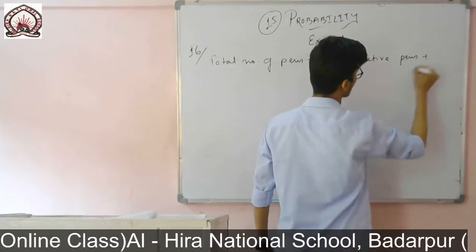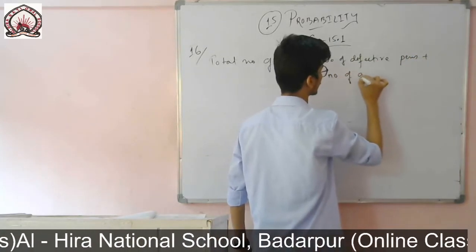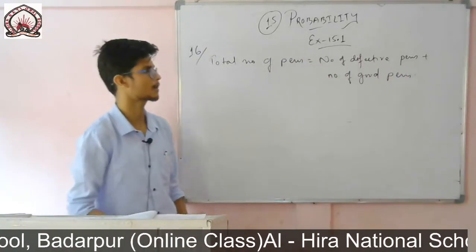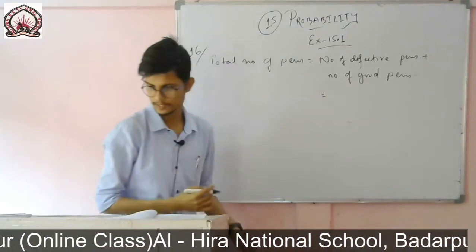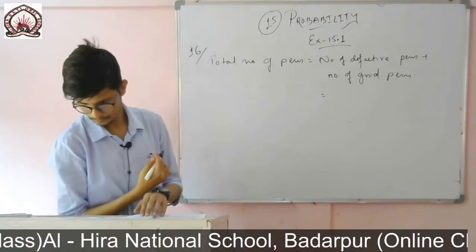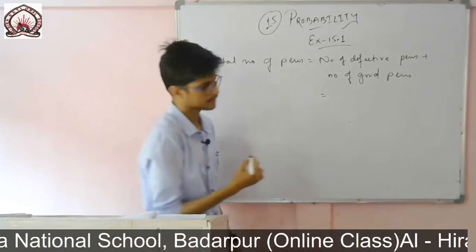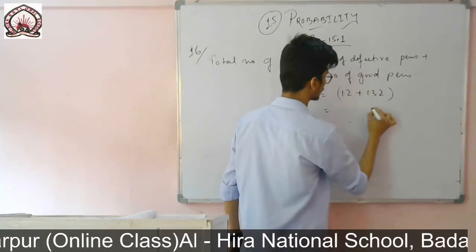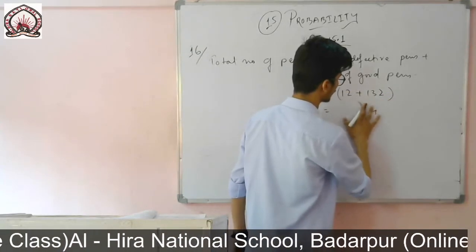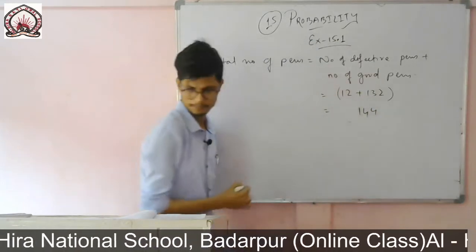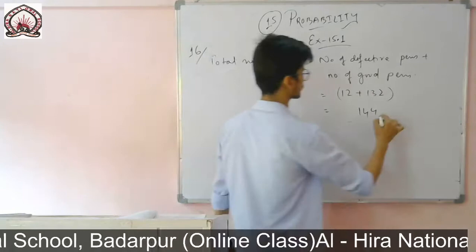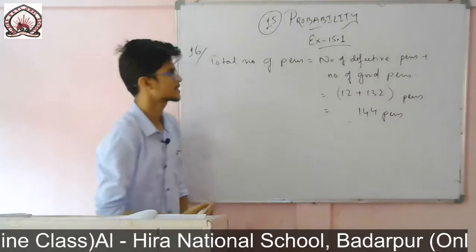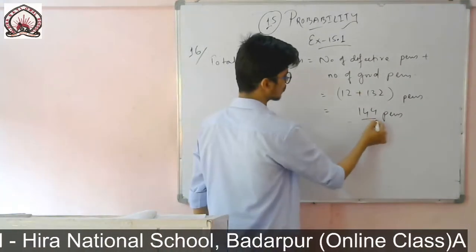How many defective pens are there? 12 defective and 132 good. 12 plus 132 is equal to 144 pens. So this is the total number of pens, that means it is our total possible outcome.